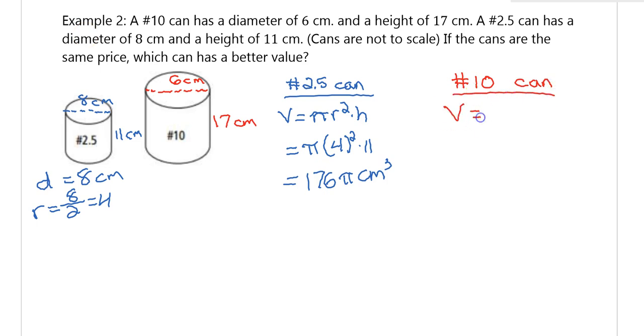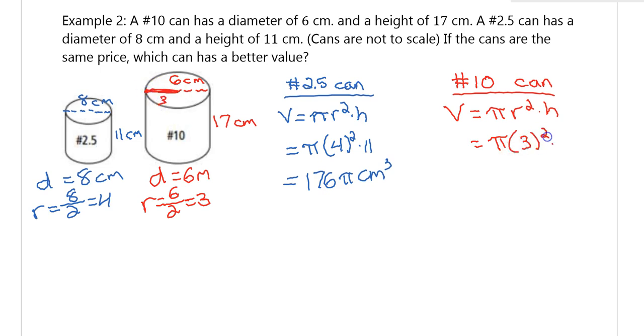So volume equals pi r squared times height equals pi times, again, what's our radius here? Well, my diameter is 6 centimeters, so my radius is 6 over 2. Right, half of that is 3. So then that's 3 squared times 17.